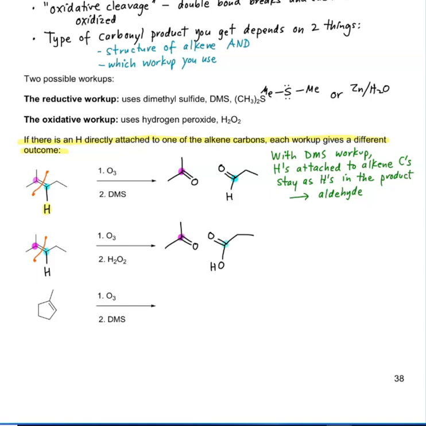Okay, so what we want to point out here is with the hydrogen peroxide workup, H's that are attached to alkene carbons are converted to OHs. That means the product would be a carboxylic acid, at least one of them.